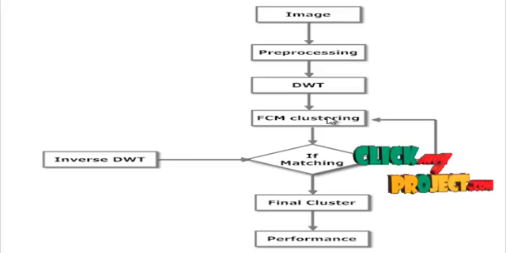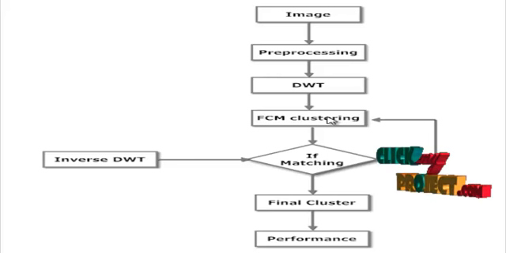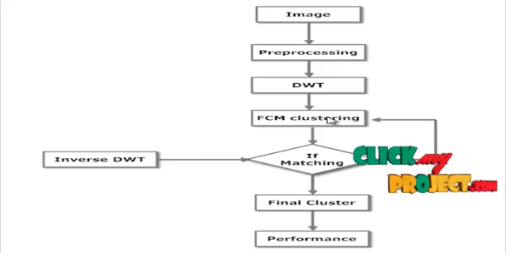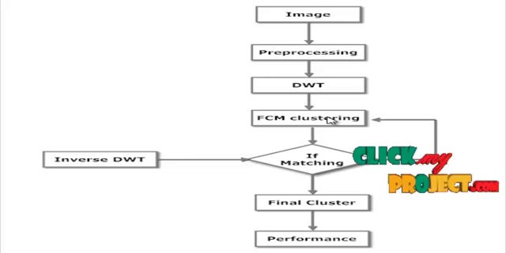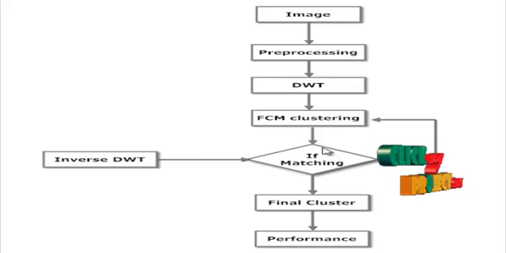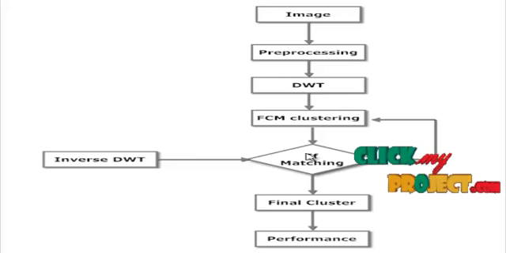The low coefficient contains the pixel information in the images, and hence it is chosen for the clustering process. The low coefficient is then compared with the original image pixels.